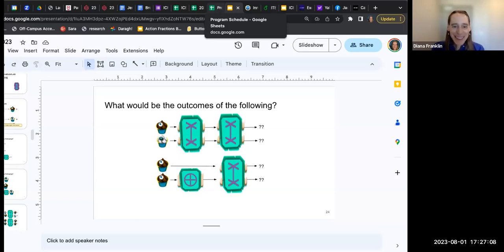Very good, yes. 2 swaps in a row also counteract each other. They cancel each other out, so it's like they did nothing. Excellent. How about the bottom one? What do we think the bottom one's going to be?